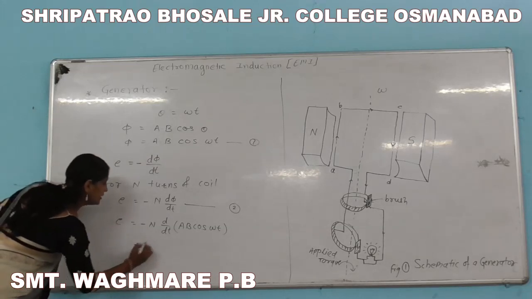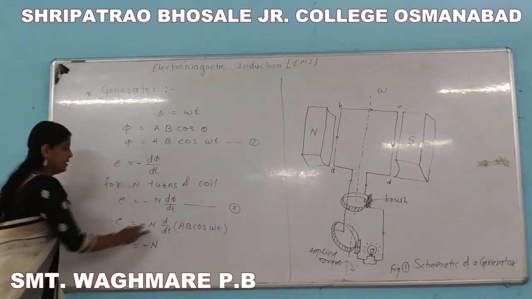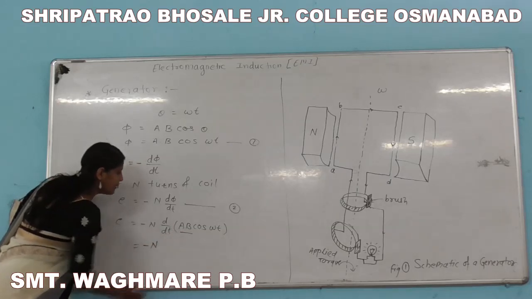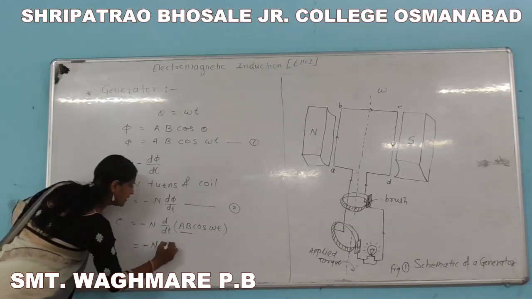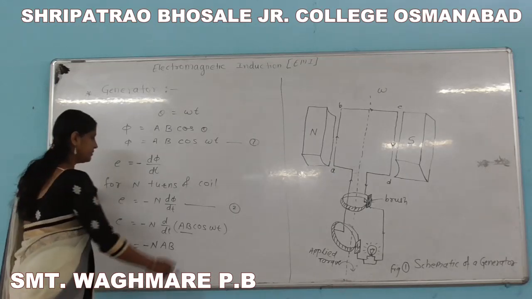Here, this minus sign will remain. N, A and B are constants, therefore they are taken outside the derivative.